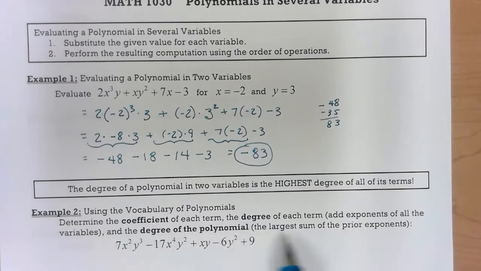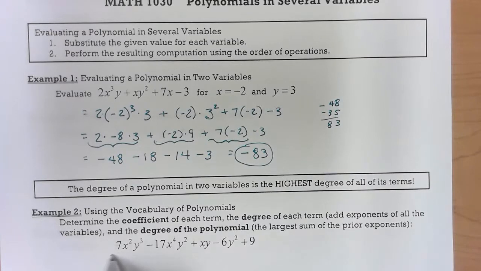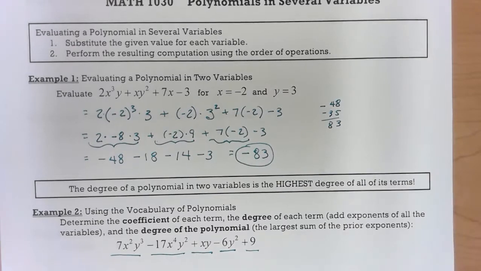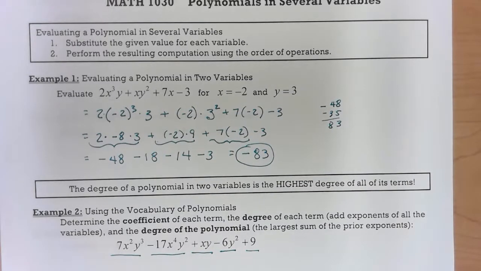The degree of the polynomial would be the largest sum of the prior exponents. So my numerical coefficient, or shortened to coefficient, for my first term, that would be 7. This one would be -17. This would be a 1, -6. I do have 9 there.